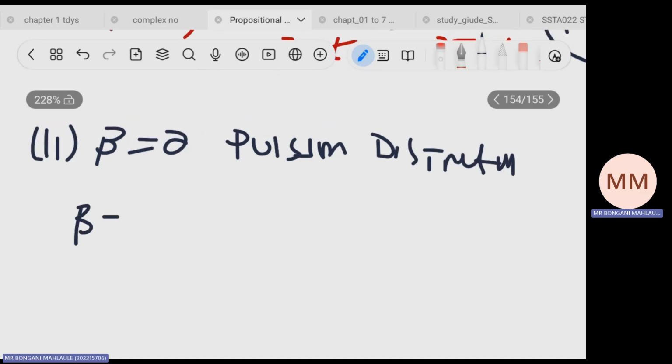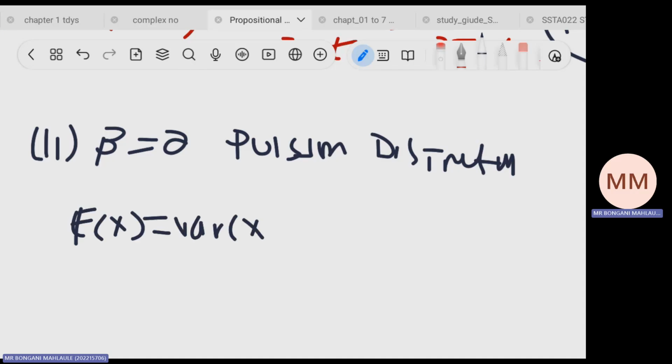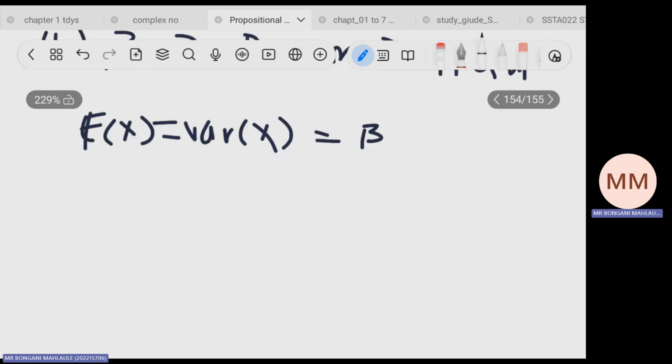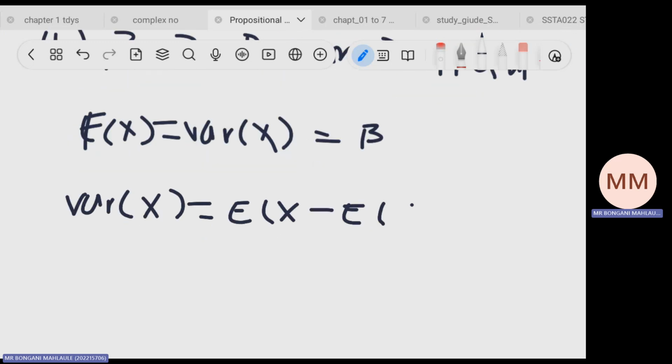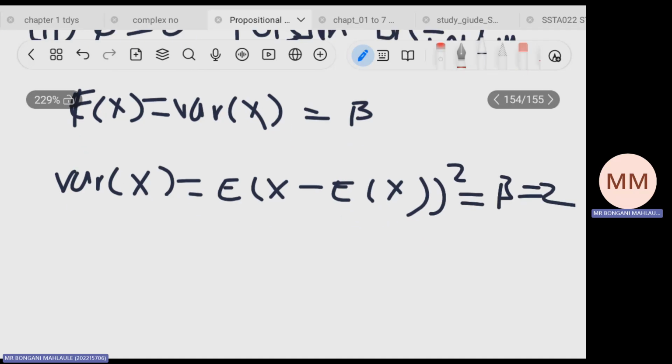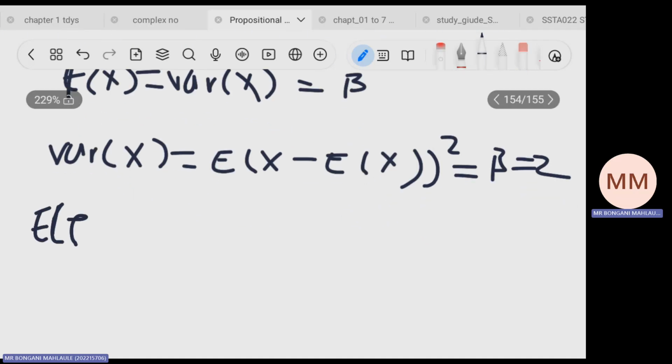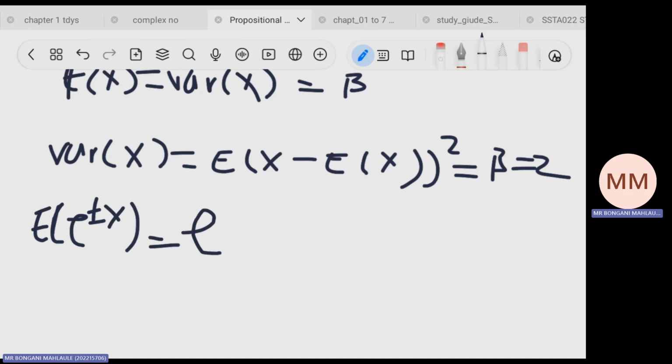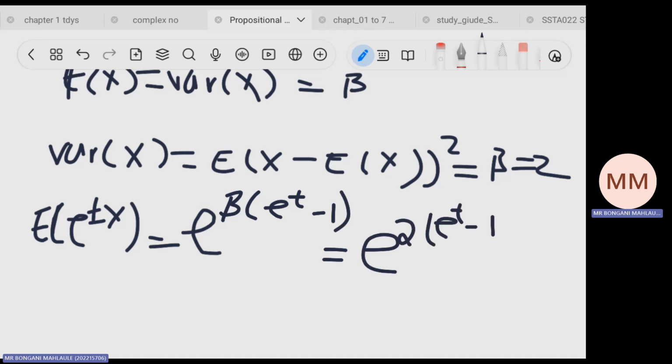On Poisson, beta is equal to the mean, which is equal to the variance. So your variance will just be equal to 2. Then the MGF will be e^(beta(e^t minus 1)). This will be e^(2(e^t minus 1)).